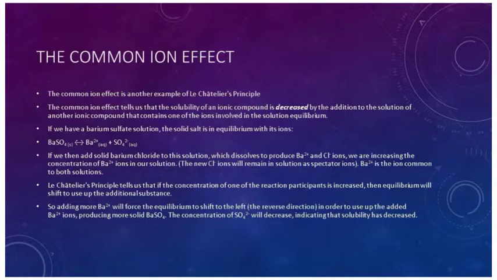Le Chatelier's principle tells us that if the concentration of one of the reaction participants is increased, then the equilibrium will shift to use up the additional substance. So, adding more barium will force the equilibrium to shift to the left, the reverse direction, in order to use up the barium ions, producing more solid barium sulfate. The concentration of SO4 will decrease, indicating that the solubility has decreased.